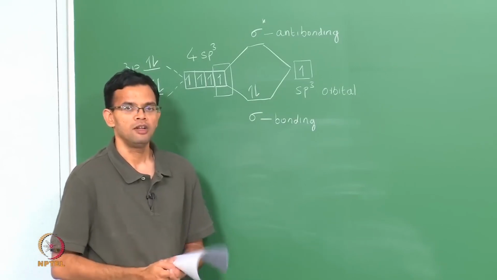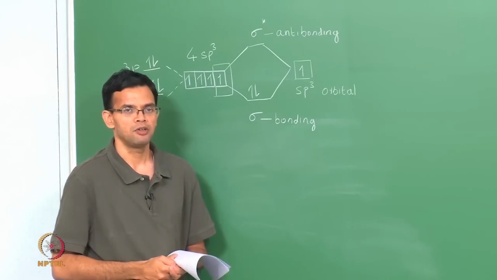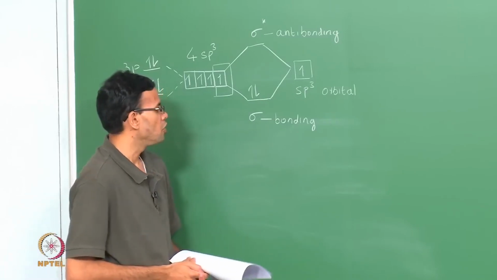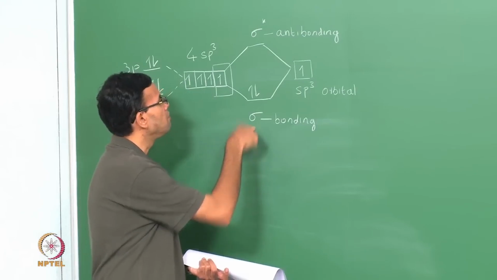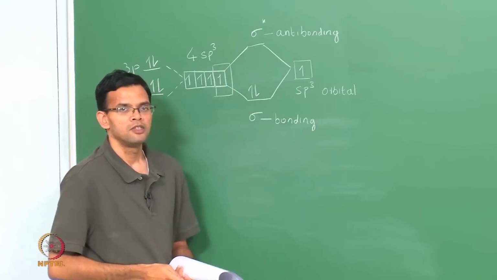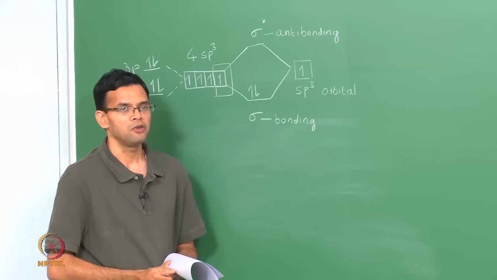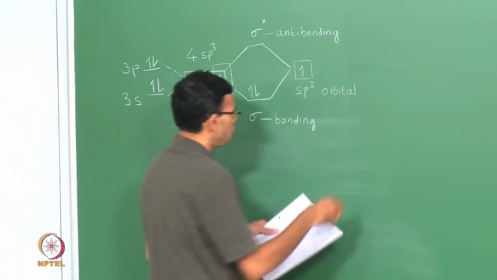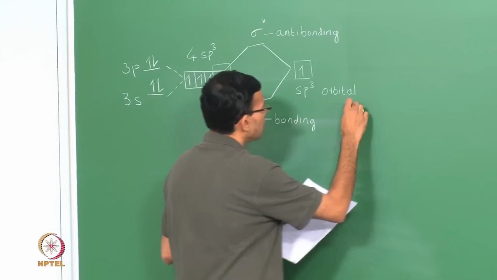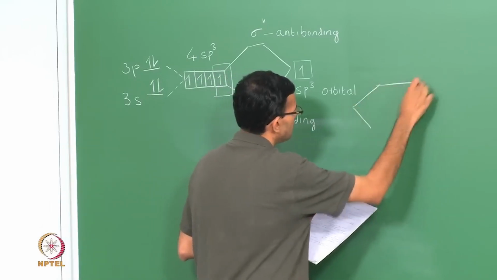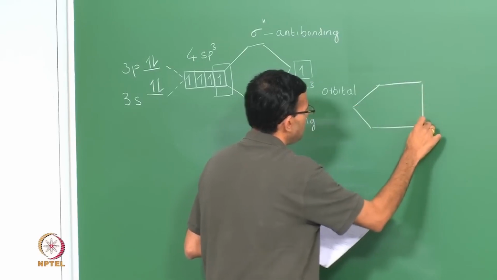Now in a solid you are going to have a large number of these silicon bonds. So you are going to have a large number of sigma and sigma star. These will then interact with each other and they will give you a band. So sigma forms a band. You can pictorially represent this as the valence band.